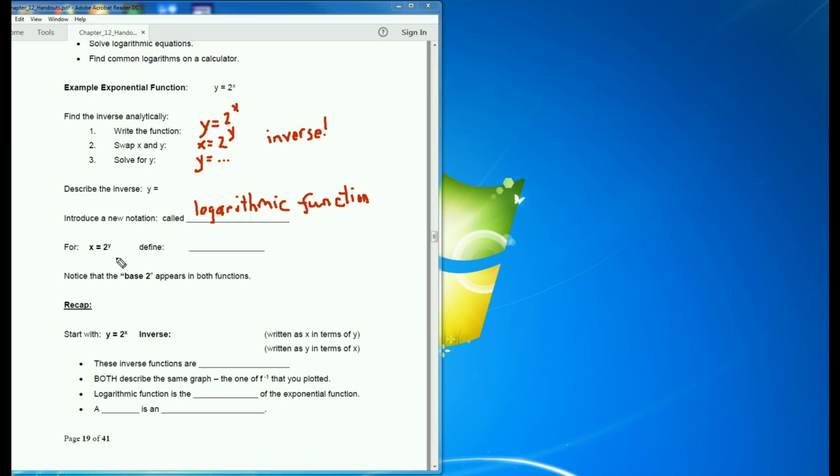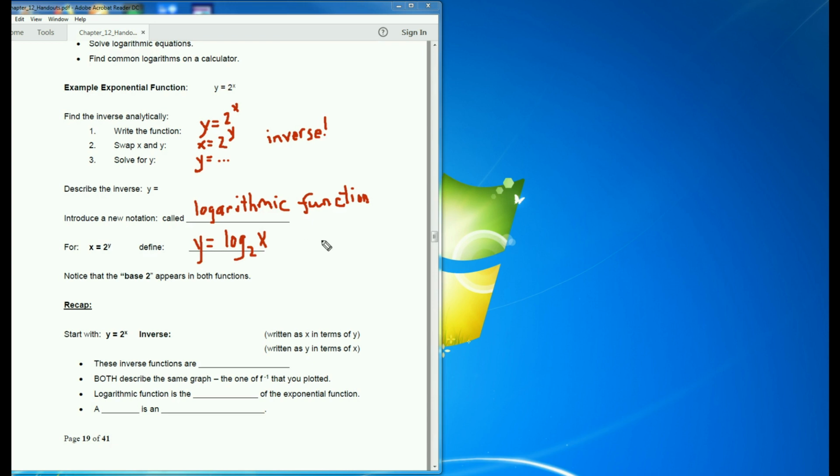So for this inverse that we found up here, x equals 2 to the y, we're going to define y equals log base 2 of x. Okay?